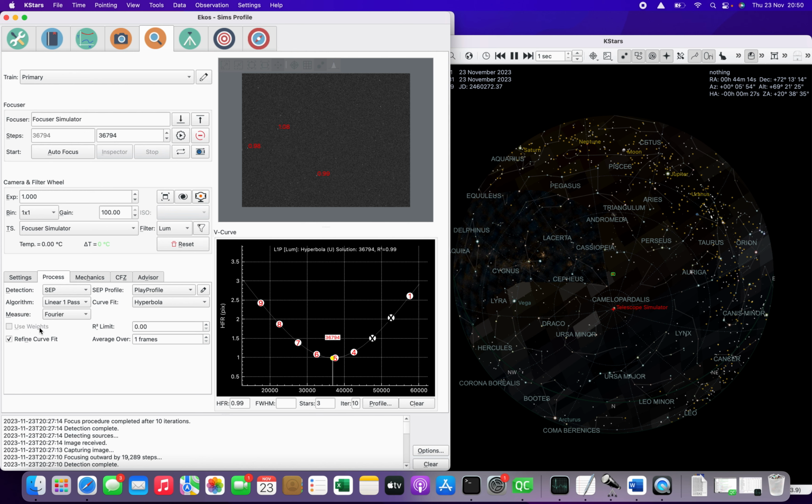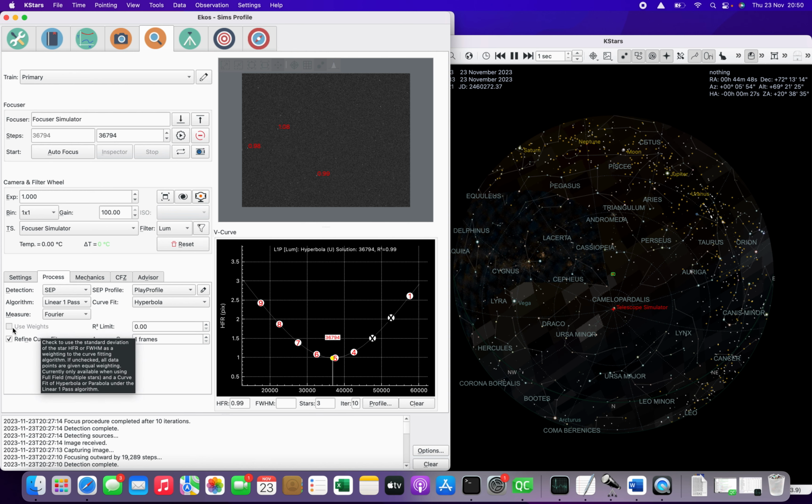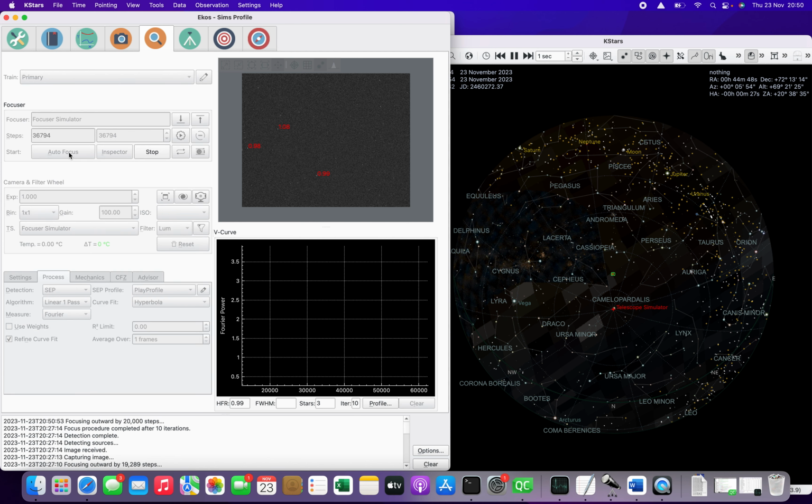Now, one thing that will happen is this use weights checkbox gets grayed out because there's no real way of estimating the weighting of a particular data point using Fourier, so it doesn't make sense to enable that. So all you need to do is select Fourier and run autofocus.